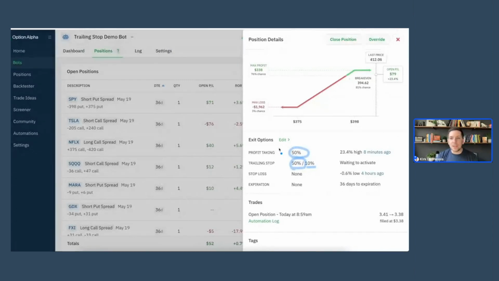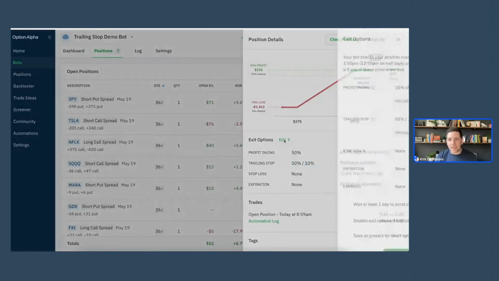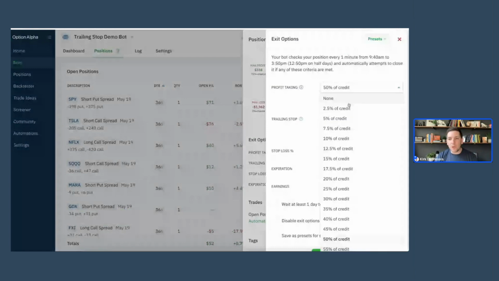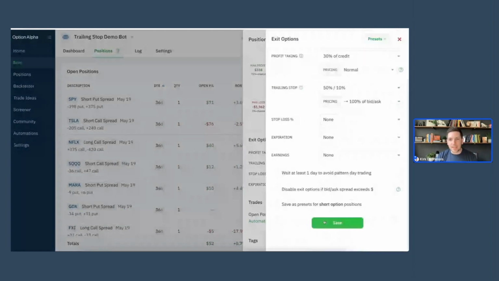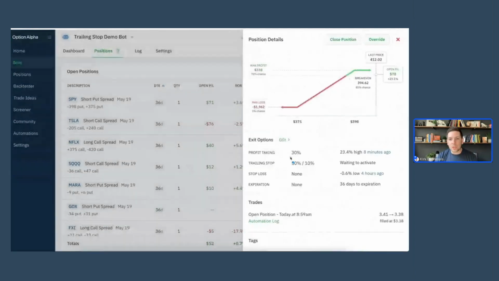So if you set any of your profit taking levels below your trailing stop target, it will always trigger before the trailing stop ever has a chance. I'm just showing you how it works, because any of these exit options being hit is going to trigger a close. If the profit target gets to 30%, boom, you're out, done. The trailing stop never had a chance to activate because it never got to that point.